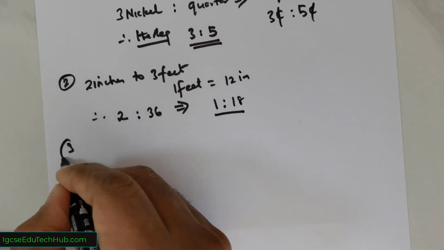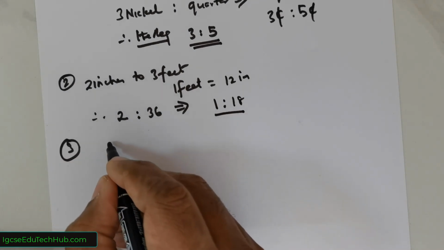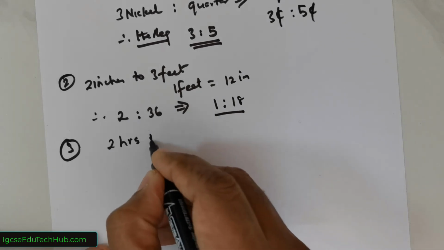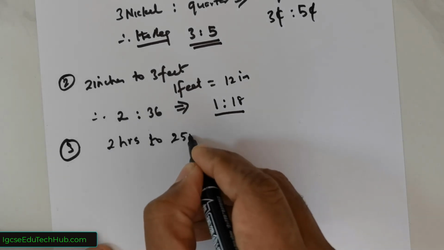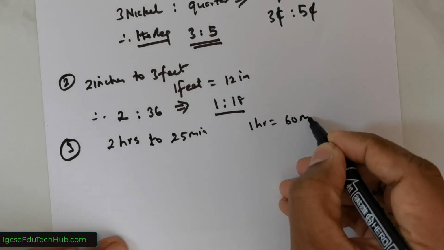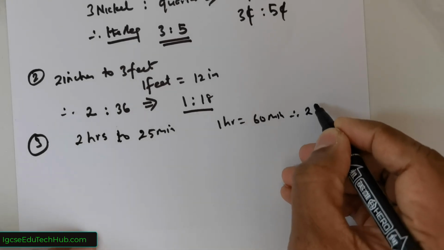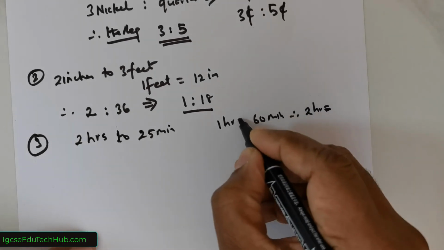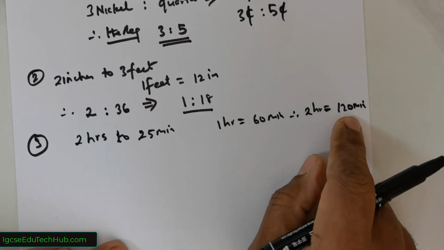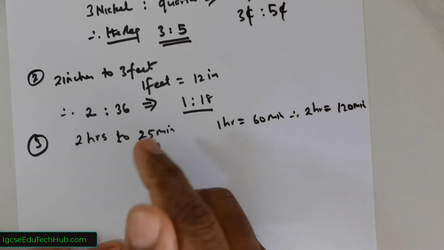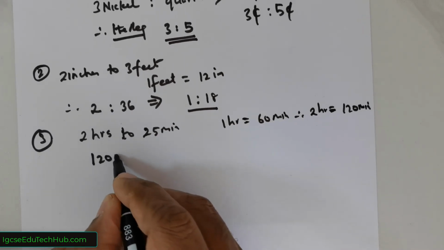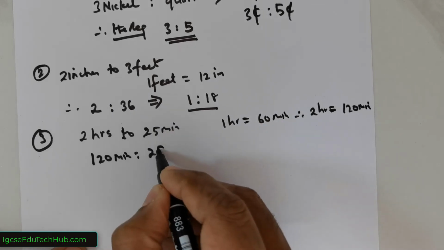Now let me go to question number 3. Question number 3 is hours to minutes. Now 1 hour is equal to 60 minutes, so 2 hours is equal to 120 minutes. Minutes is the common quantity that can be used to represent both terms. So in place of 2 hours, I'm going to say 120 minutes to 25 minutes.